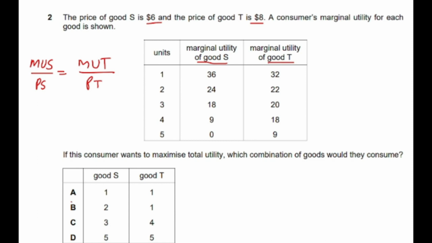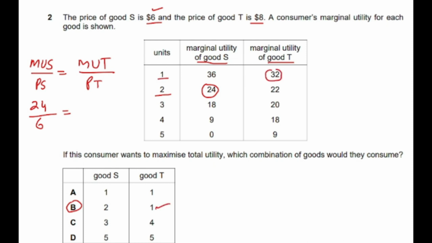So option B is the correct answer for this question. In option B, good S is 2 units. If the consumer consumes 2 units of good S, then the marginal utility of S is 24, so you can put 24 here. The price of good S is 6, and the quantity of good T is 1.